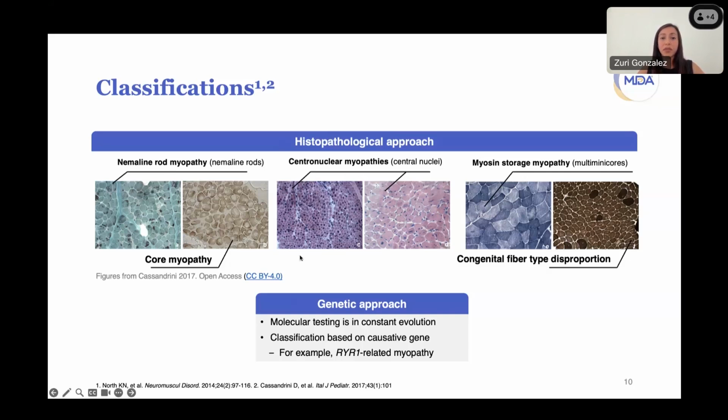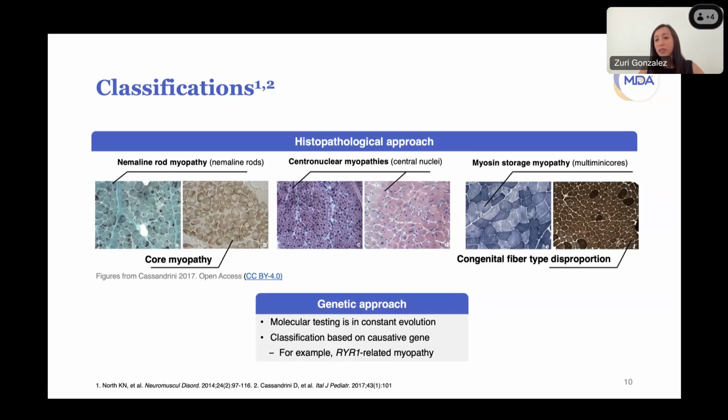In the middle, you will see the central nuclear myopathies that will be characterized by the location of centrally located nuclei within the muscle fiber. These will include the myotubular myopathy, as well as the central nuclear myopathy. And then we have the myosin storage myopathy and the congenital fiber type disproportion.